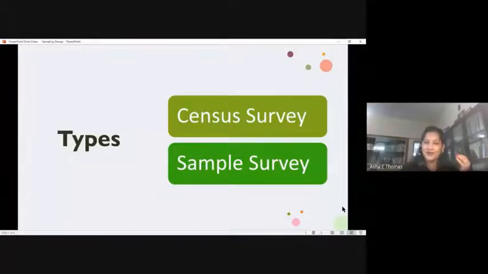We might have limitations. Maybe if I'm an industrial group, or if I'm a government body, and my purpose is to cover maximum units in my survey, maybe that is possible for me.